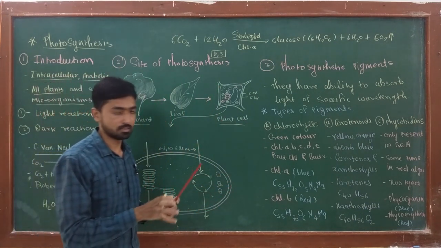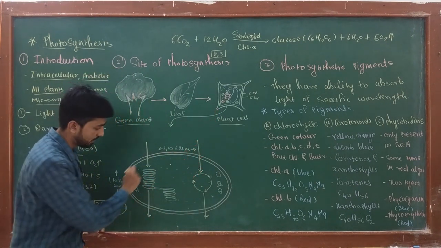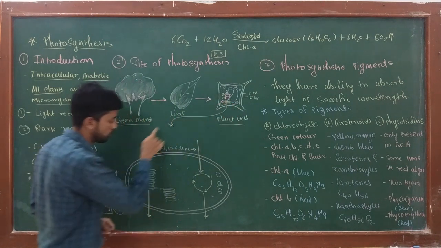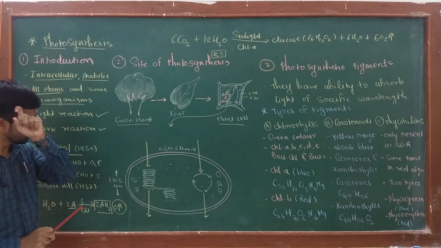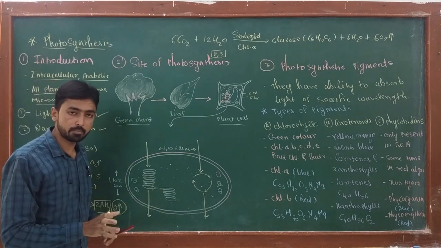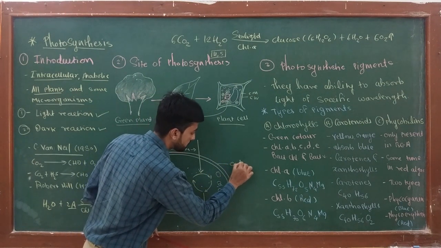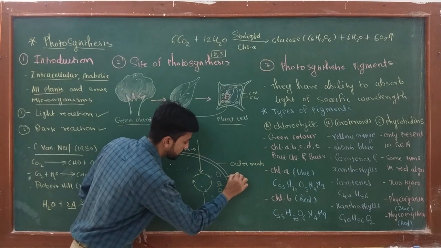Out of all these cell organelles, photosynthesis mainly takes place inside the chloroplast. I have drawn the structure of the chloroplast here. This is the site of photosynthesis. Chloroplast is a double membrane organelle having an outer membrane and an inner membrane.